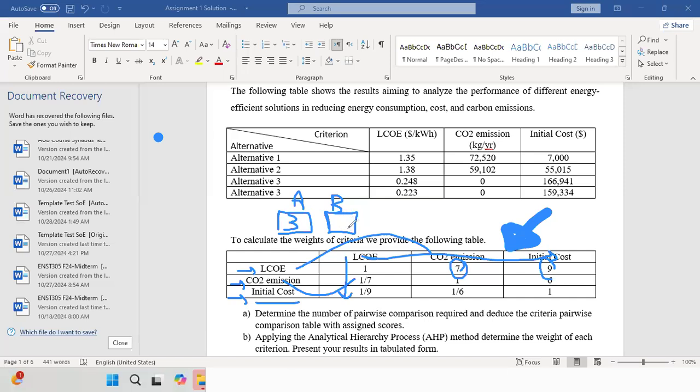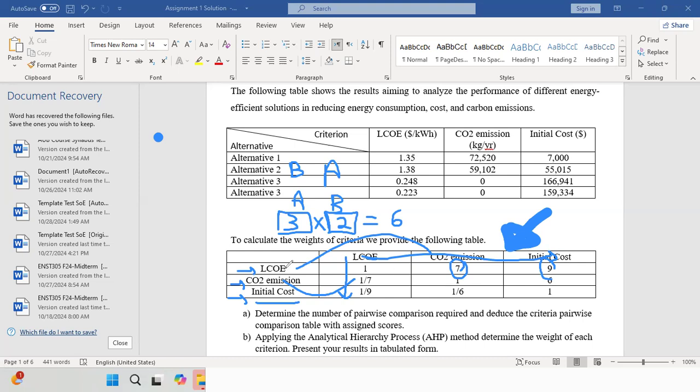In total, I can do 3 times 2 comparisons, equal to 6, in case I am interested in the order of comparison. But since I don't care whether I do A relative to B or B relative to A, it will be the same response. So no need to ask people 6 questions. I just have to ask them 3 questions. From here, we can deduce the table of questions.